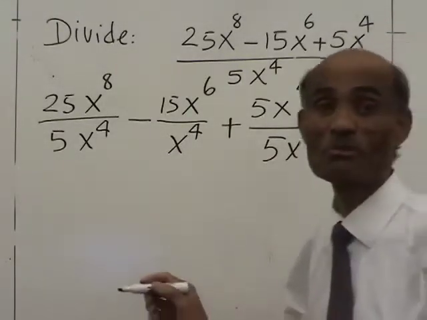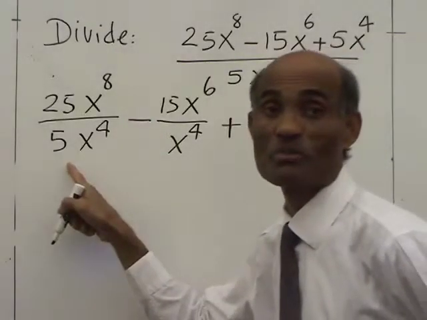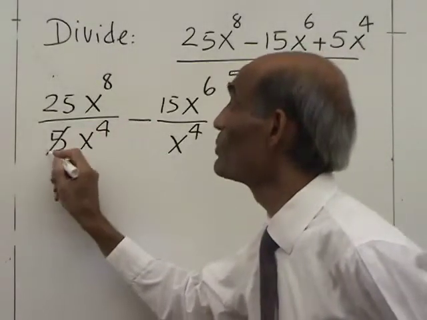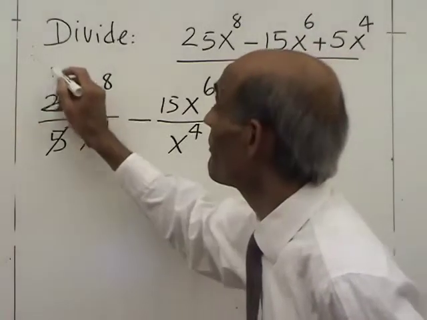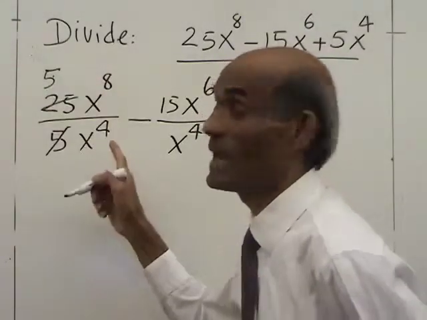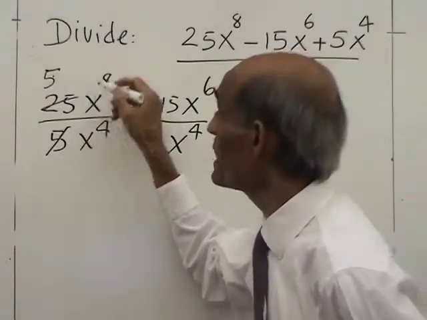Alright, now we simplify. Look at the way we're going to simplify this. The 5 goes in 25, how many times? 5 times.